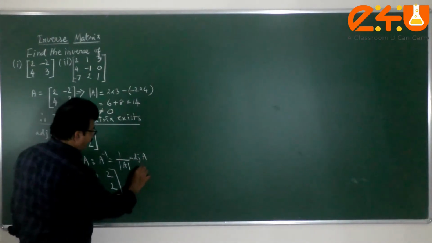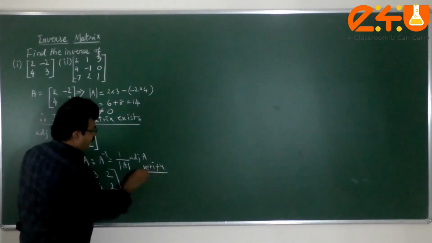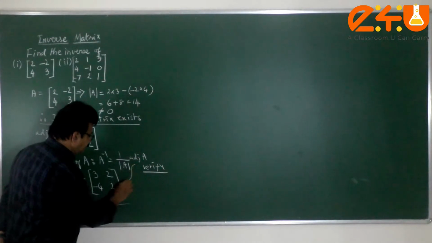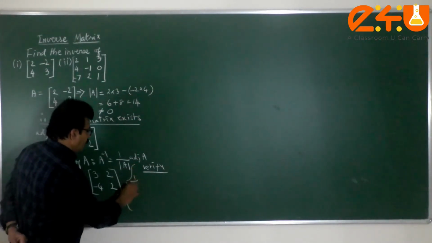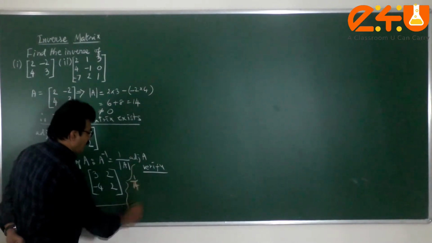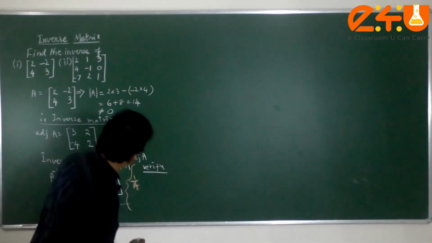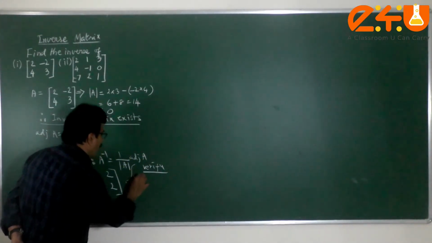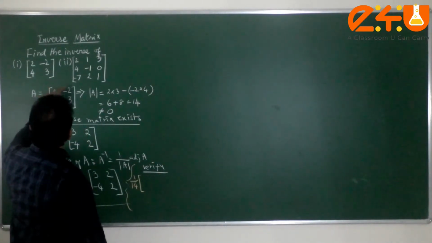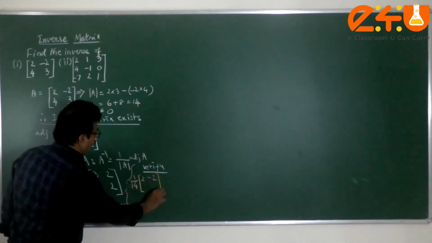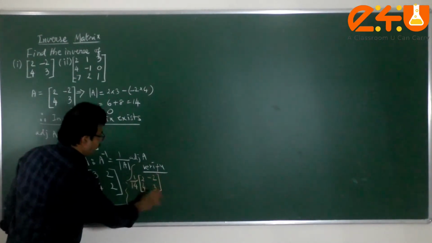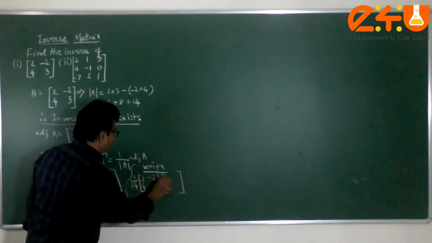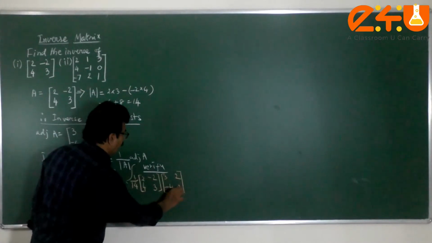So to verify, let me put it this way: 1 by 14 of 2, minus 2, 4 and 3, times the inverse matrix elements 3, 2, negative 4 and 2.